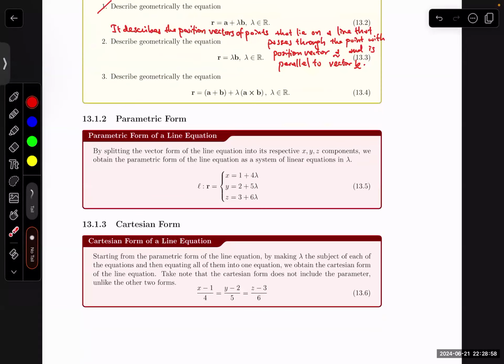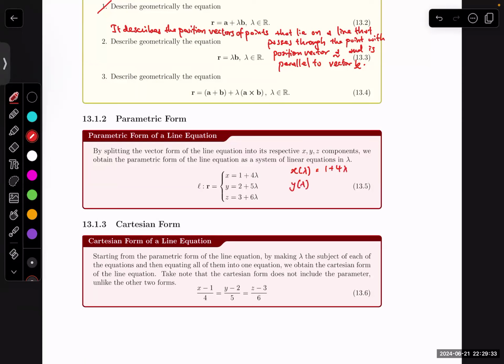So I wrote down over here, parametric form is obtained by splitting the vector form into its respective components. We get a bunch of parametric equations. So recall things like your differentiation, right? You have parametric equations, parametric differentiation. In this case, x in terms of lambda equals 1 plus 4 lambda.